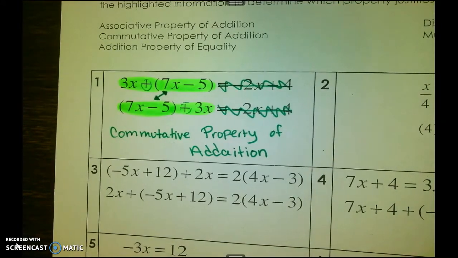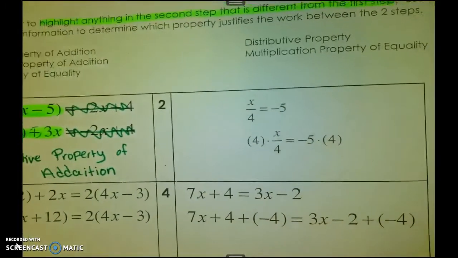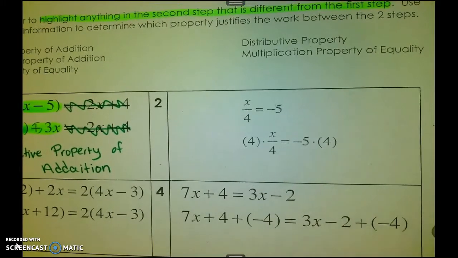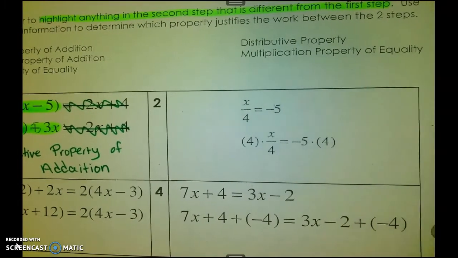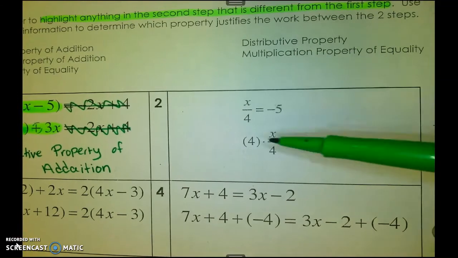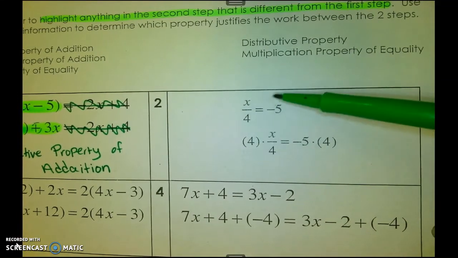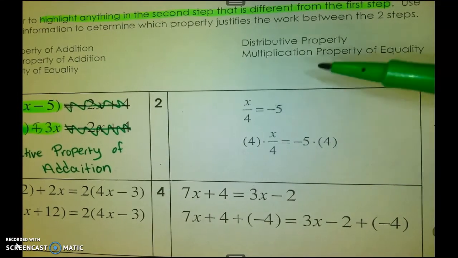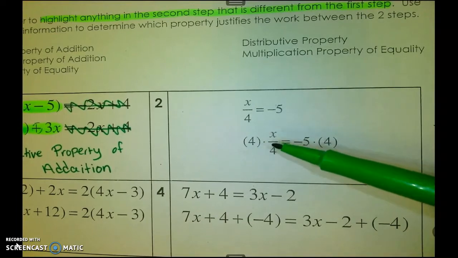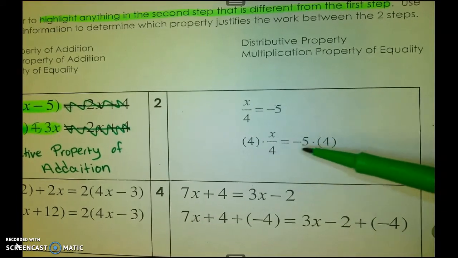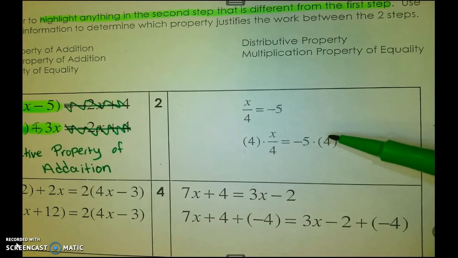Let's look at another one and see, number 2, what was alike and what was different. So, all right, step 1 says x divided by 4 equals negative 5. And then in step 2, we see 4 times x divided by 4 equals negative 5 times 4.